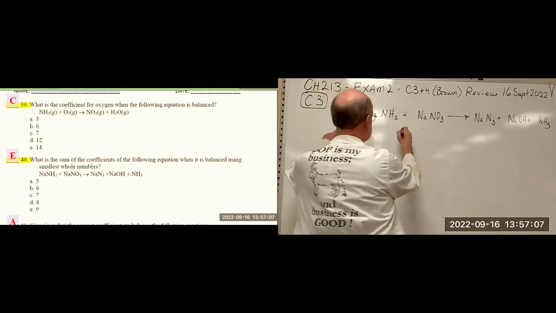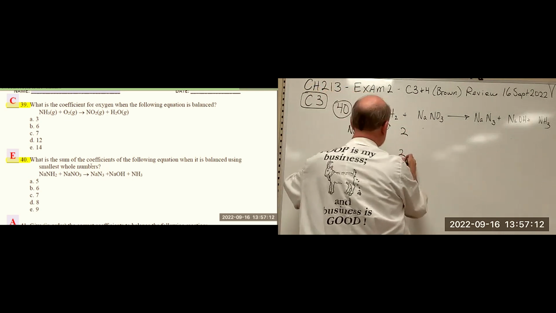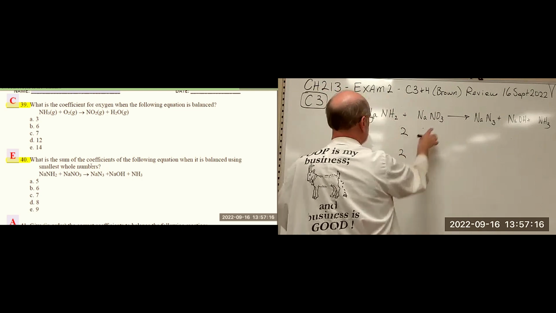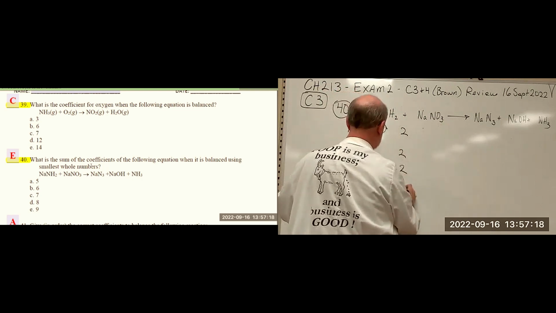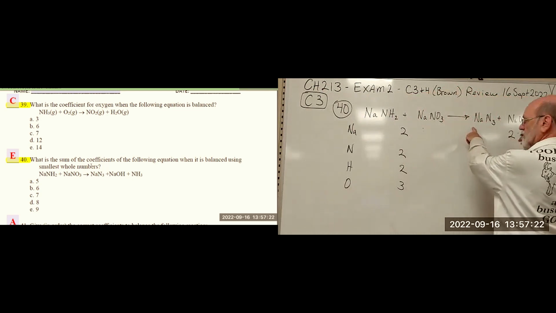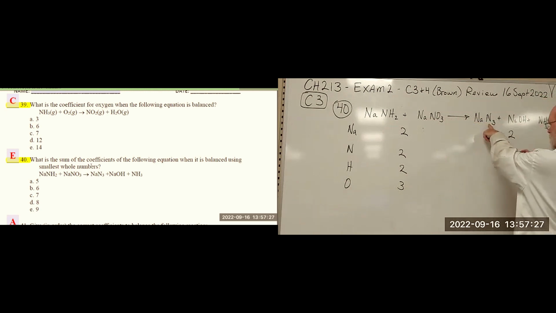On this side we have 2 sodiums, 2 nitrogens, 2 hydrogens, and 3 oxygens. And on this side we have 2 sodiums, 4 nitrogens, 4 hydrogens, and 1 oxygen.